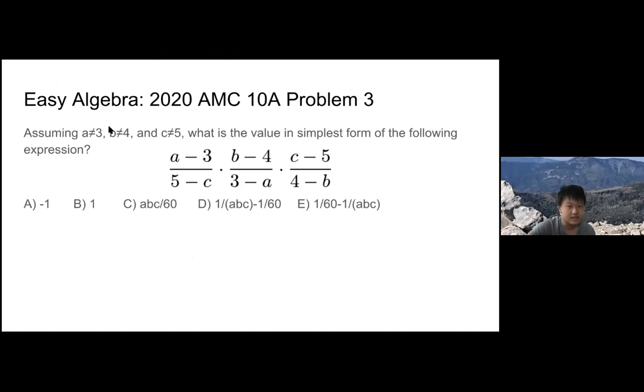Here's an easy algebra problem. Assuming A is not 3, B is not 4, C is not 5, what is this expression? Anyone want to answer this? Does anyone want to share how they would do this problem?